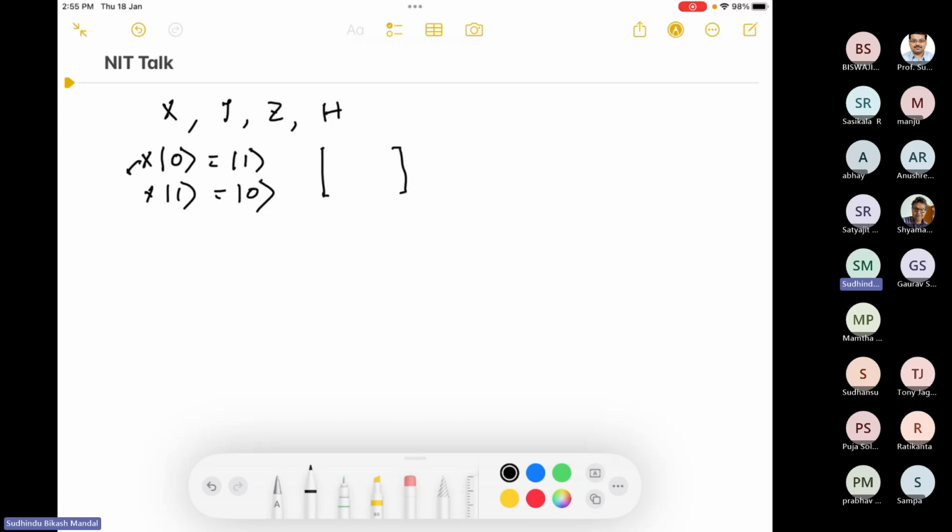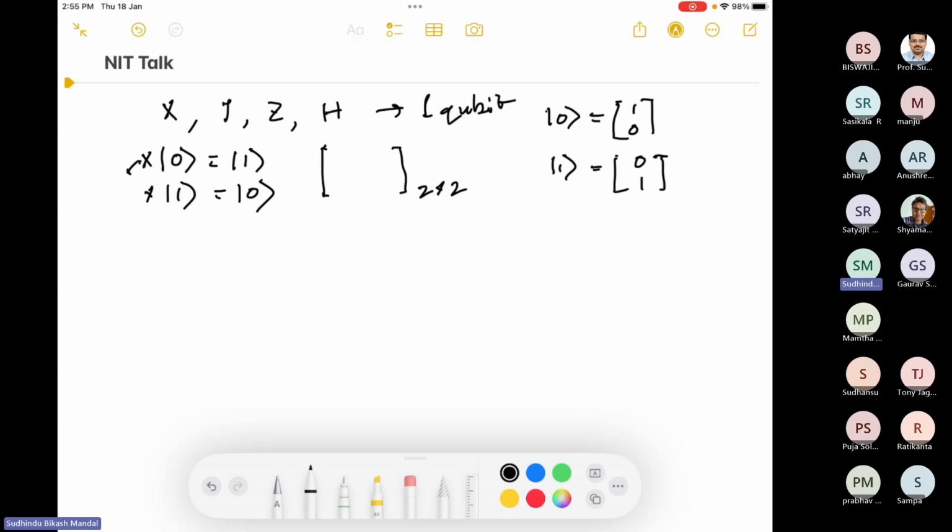Each one-qubit operator can be represented by a 2 cross 2 matrix. We know the matrix representation of the 0 state is 1 0 and of 1 is 0 1.